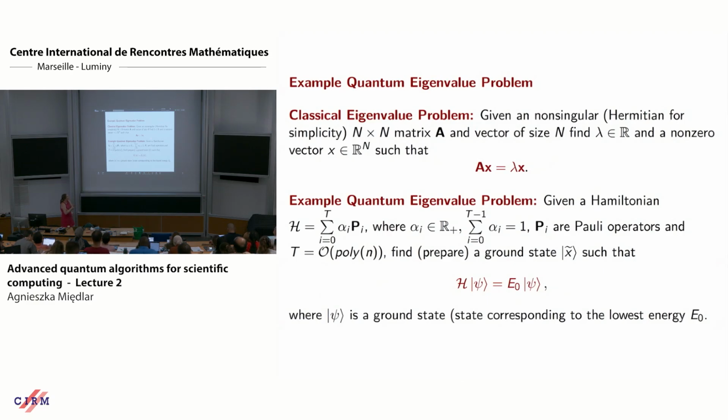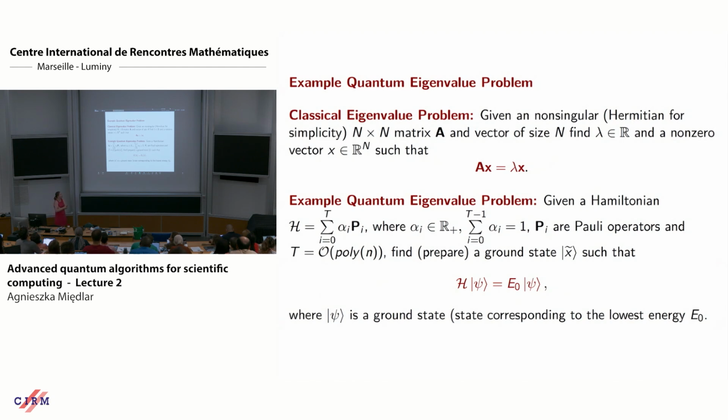Given a matrix A, we want to find lambda. If it's Hermitian, we know that the eigenvalues are real. So we want to find lambda and a non-zero vector x such that Ax equals lambda x is satisfied.